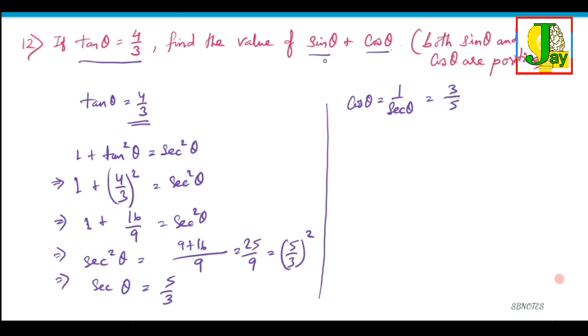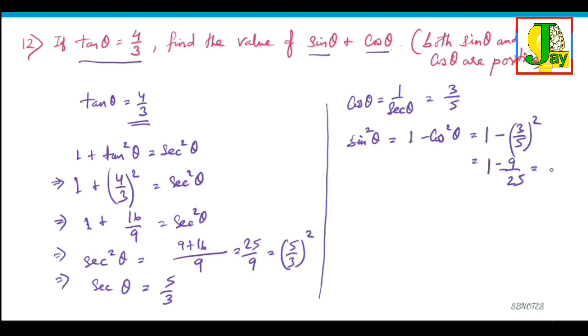Now I can also find sine theta using the other relation, sine square theta plus cos square theta equals 1. So sine square theta equals 1 minus cos square theta, that's 1 minus 3 by 5 whole square, that's 1 minus 9 by 25.